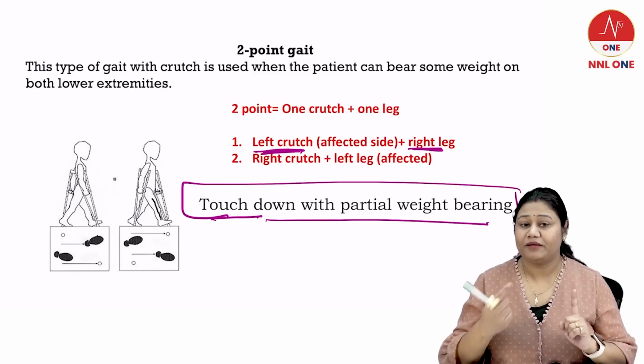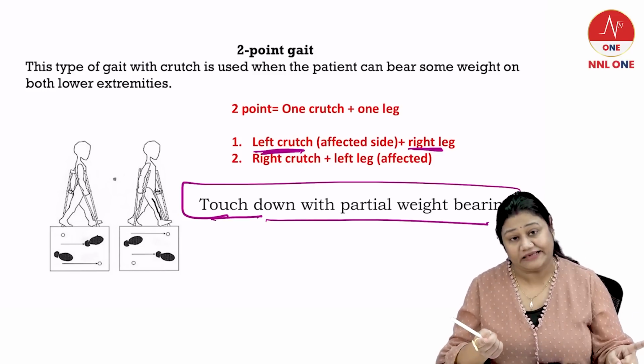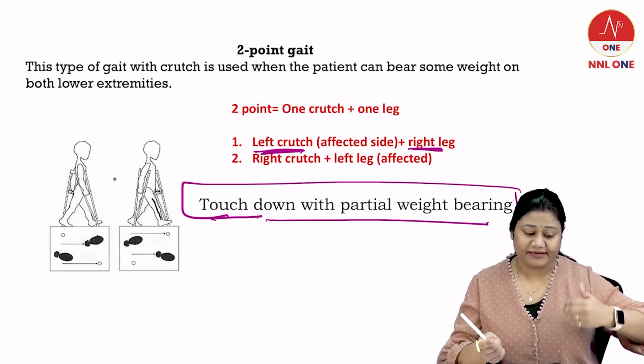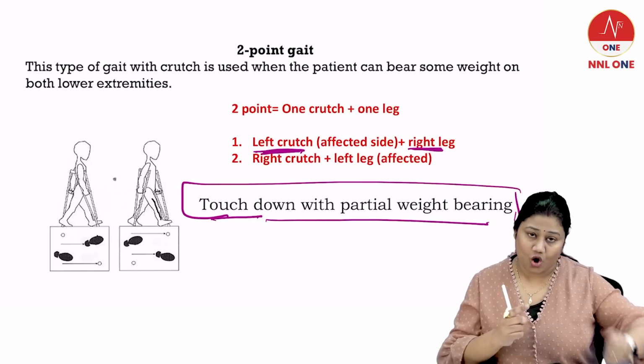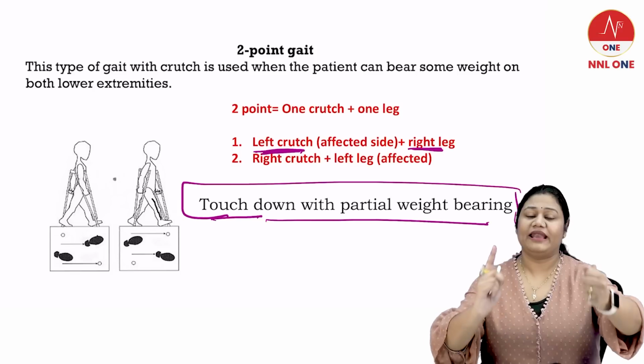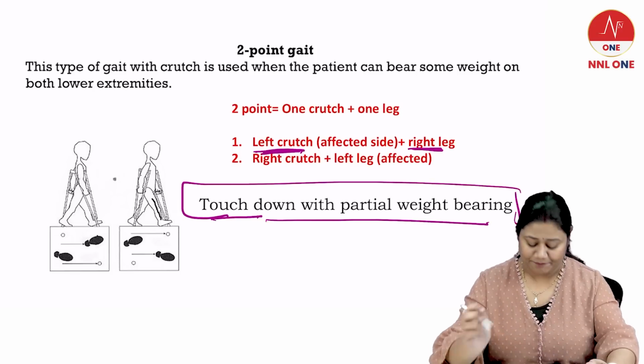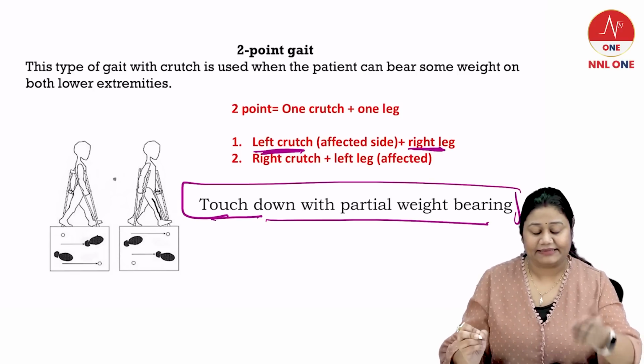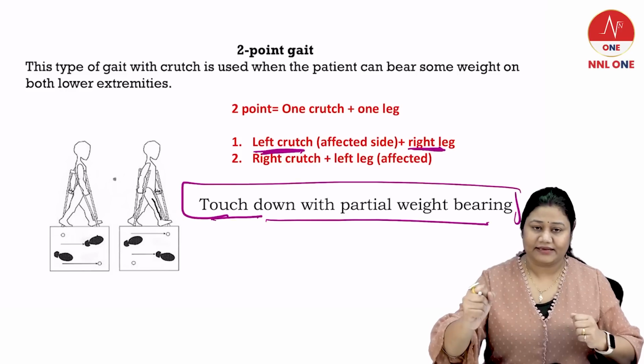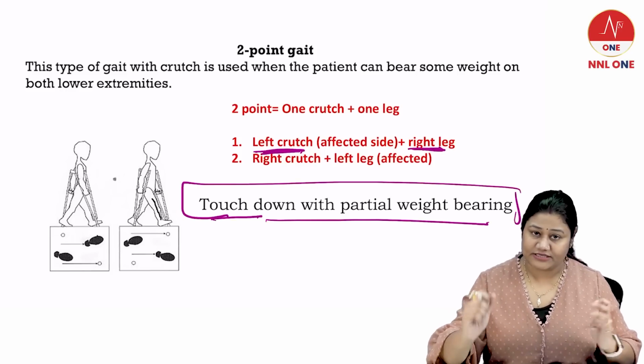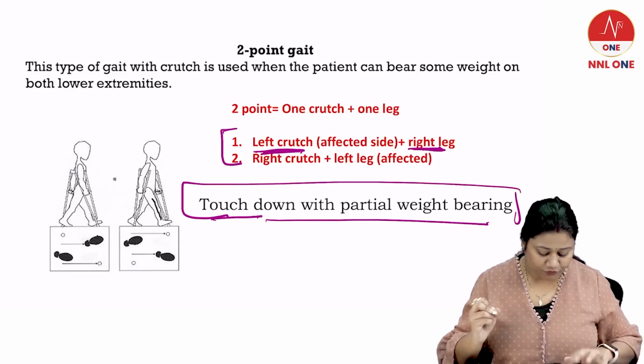Which crutch should be moved first? The affected side crutch. The left side is affected, so I will move the left crutch along with the right leg. So left crutch, right leg. Then second, right crutch and the affected leg, which is the left leg. This is how you have to move.